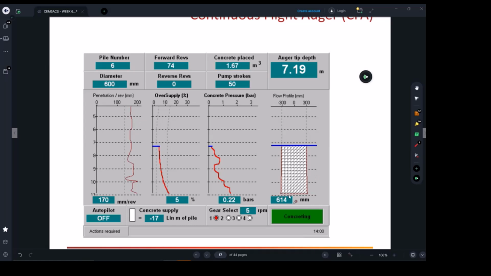So basically you wanted 600 diameter, you had a little bit more, which is fine. And the concrete pressure is typically giving you a positive result. So there is always a pressure there. As you go down, hydrostatic pressure will be high, and obviously it reduces because the level of concrete reduces.